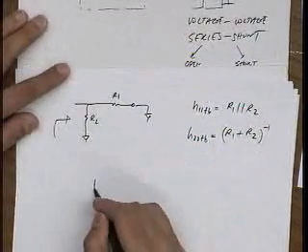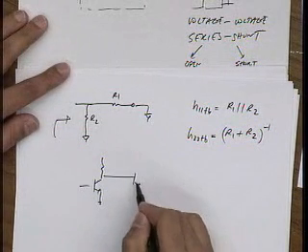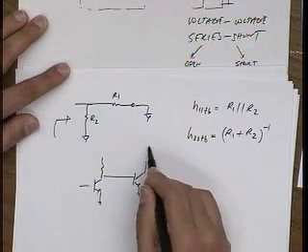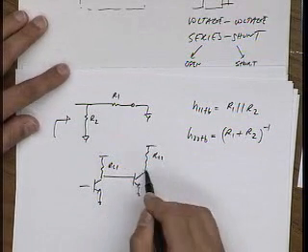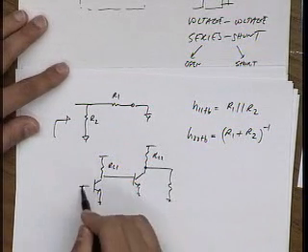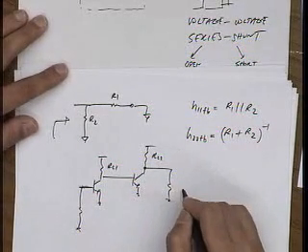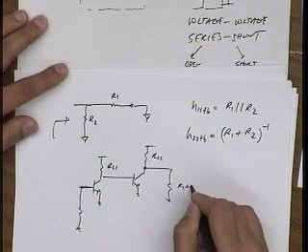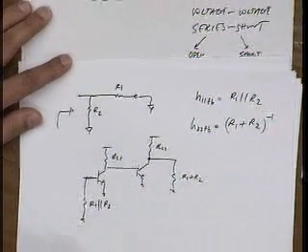But that means that now if I draw the equivalent circuit of my amplifier, RL1, RL2, all I have to do is just add the loading effects here. So this is going to be R1 plus R2, and this is going to be R1 in parallel with R2.